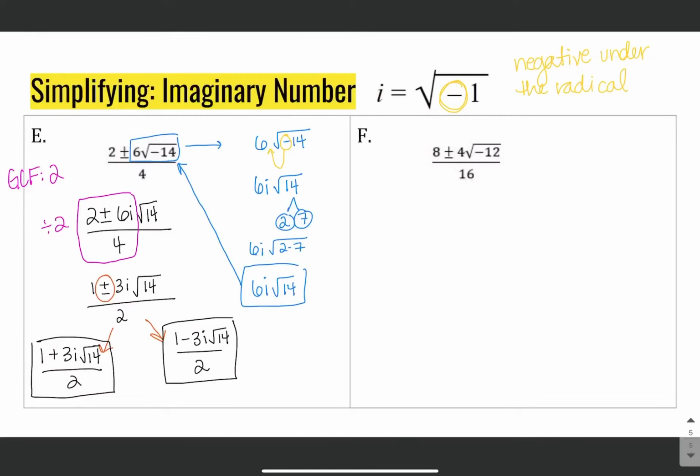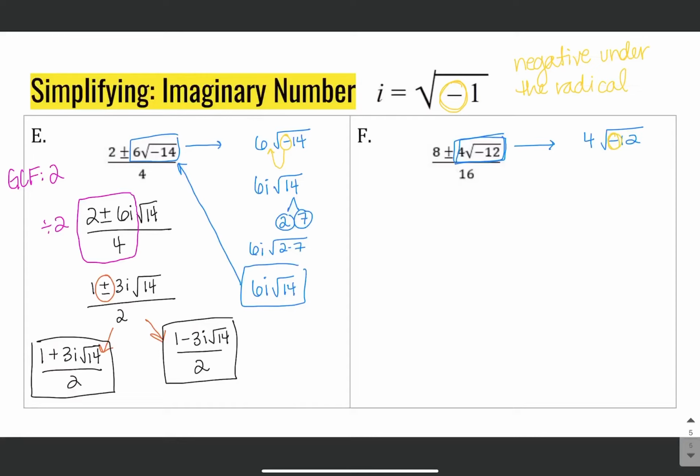Let's do one more. So again, think to yourself, what is Ms. Henchman going to be pulling out to the side to simplify? Hopefully you're thinking about this 4 radical negative 12. And again, we have to notice, ding, ding, ding, there is a negative underneath the radical.